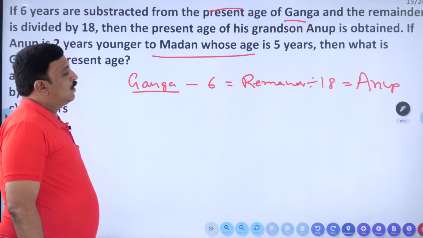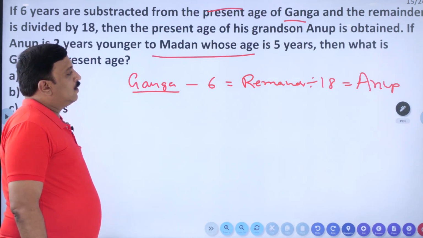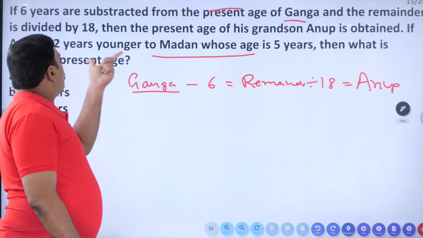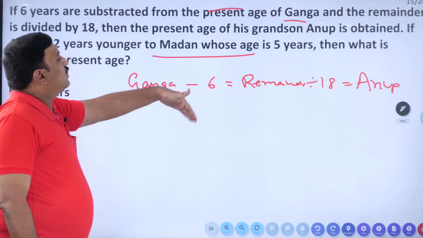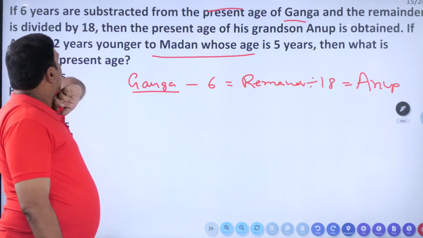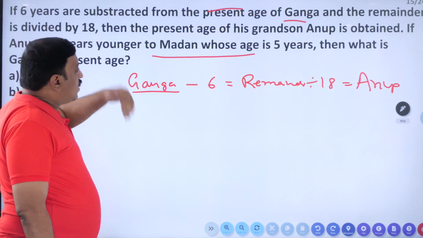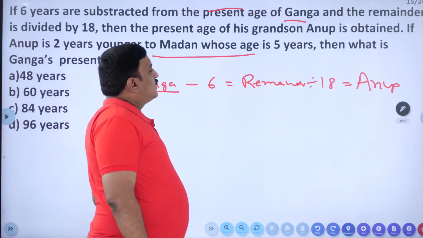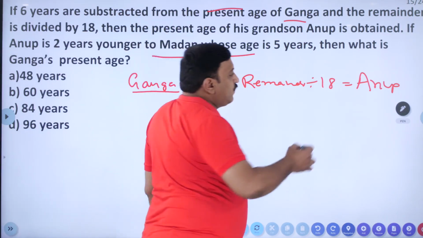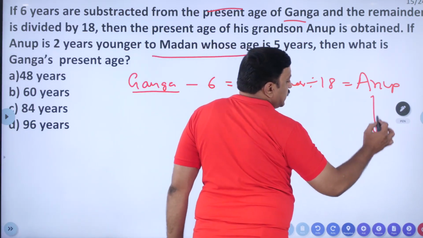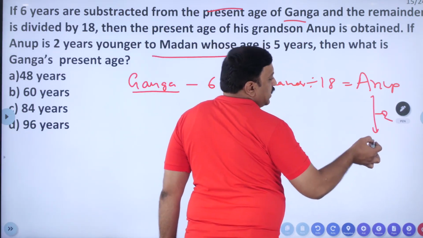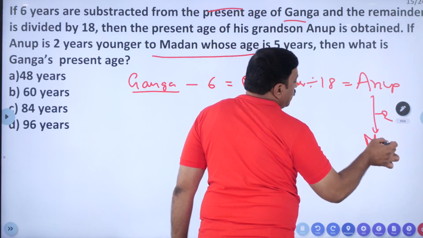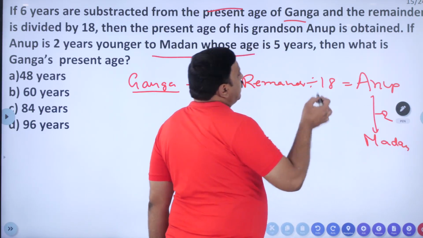If Anup is 2 years younger to Madan, who is 5 years, means, see, Anup is 2 years younger to Madan, who is 5. But Madan is how much now? Madan is given as 5 years.